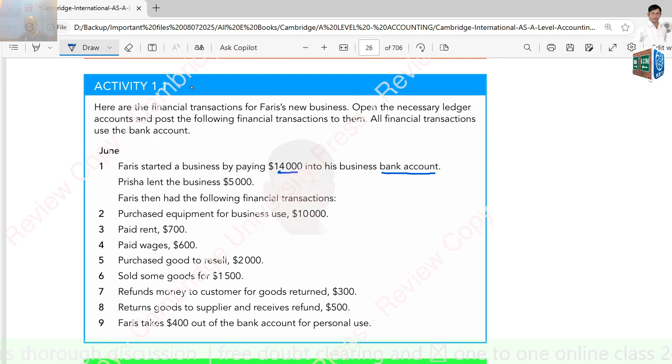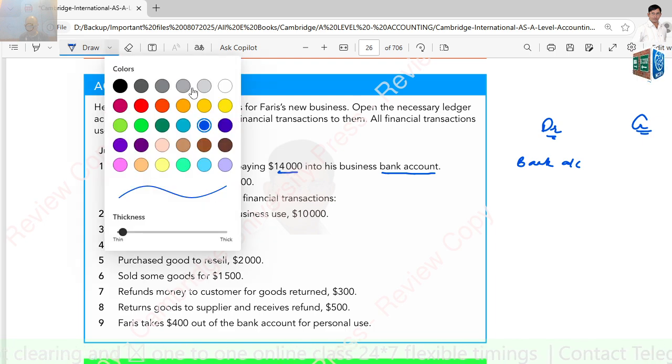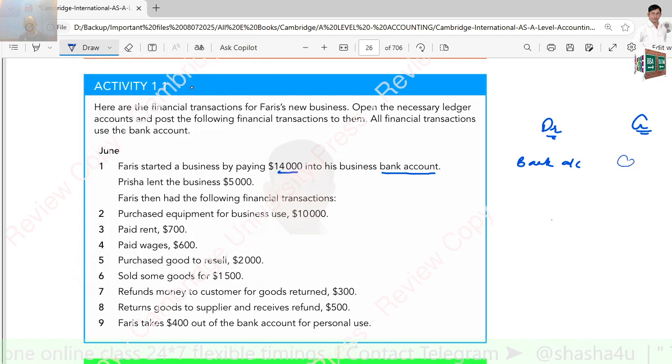So bank account is debit, and capital is credit.